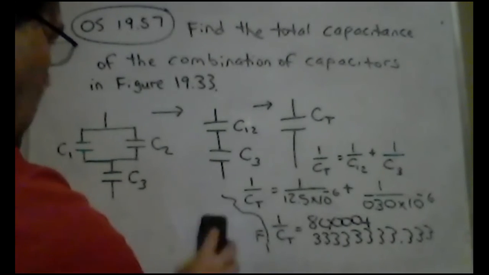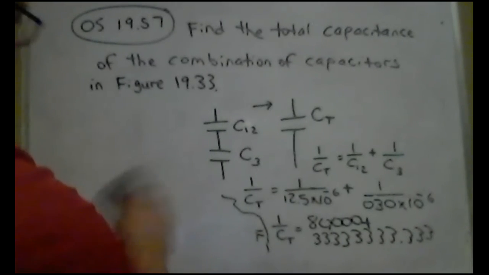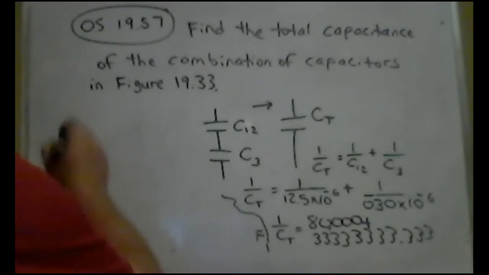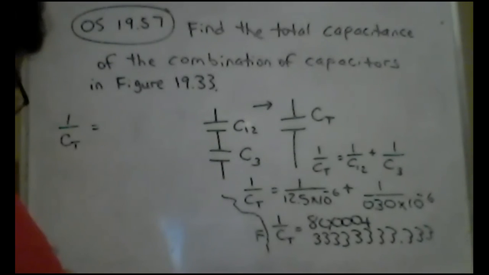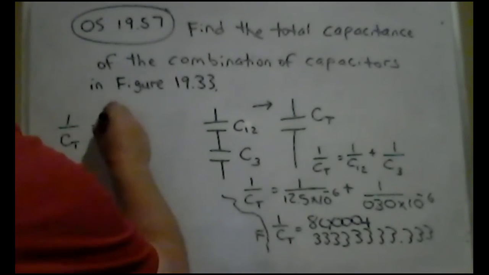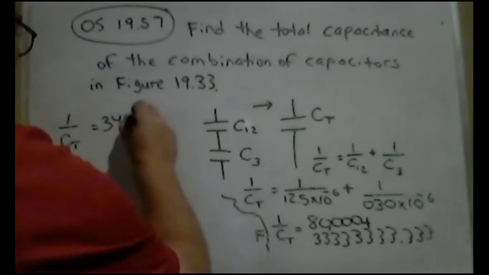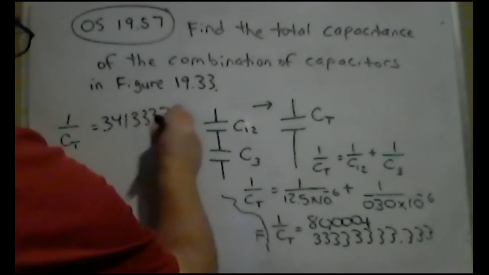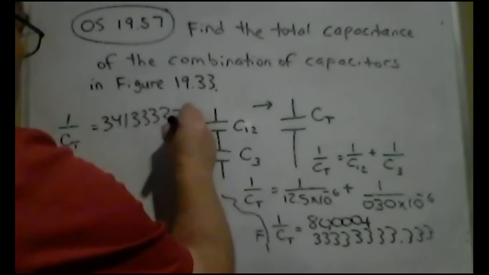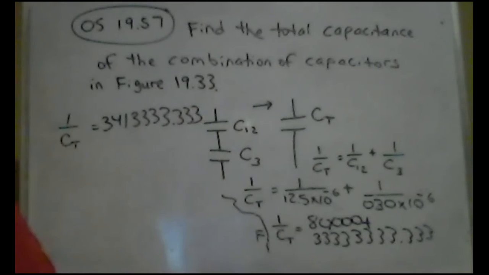I'm going to erase the original picture here for real estate purposes. When I add these two up, I will find out that 1 over C sub t is going to be some big number, 341, 4 3s, 0.333. Again, I'm just being ridiculous here, but I'm trying to give you a feel for what you should be seeing in your calculator.